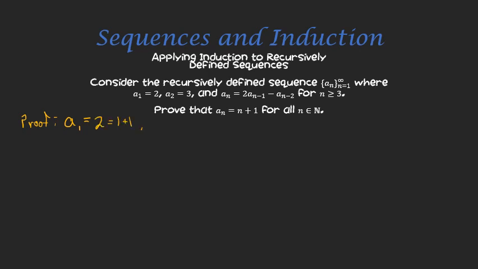And actually, since we have two initial conditions, I'm going to go ahead and show those both hold. That way I can assume that n is greater than or equal to 3 and use this formula. I need n to be greater than or equal to 3 in order to use this recursive definition. So with strong induction, you need to prove as many bases as you have initial conditions. So it works for a_1, but I also need to make sure it works for a_2. a_2 is 3, which is the same thing as 2 plus 1.